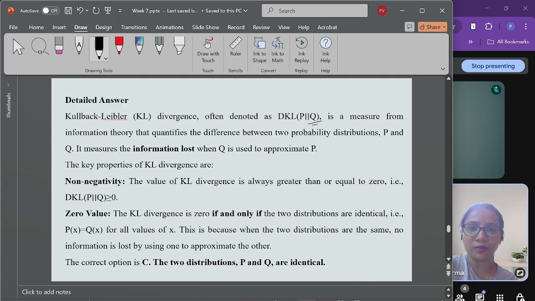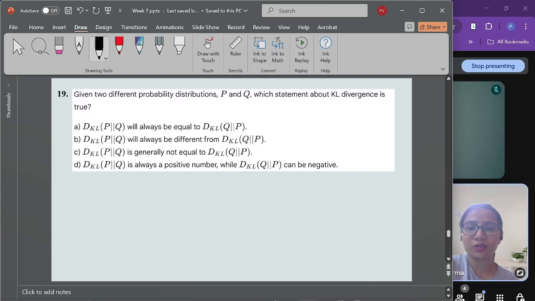Okay, so now moving to the next question. Given two different probability distributions P and Q, which statement about KL divergence is true?